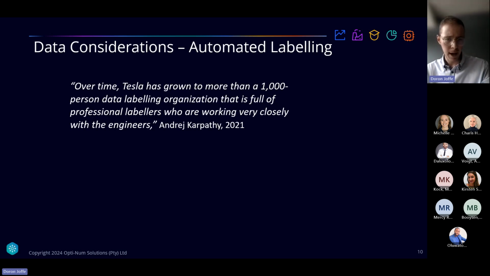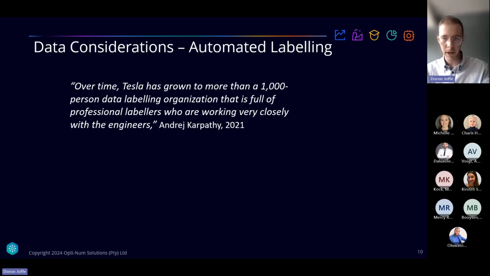When he was running the AI Tesla program, he had an interview and he said over time, Tesla has grown to a more than 1,000 person data labeling organization that is full of professional labelers. And there's a lot of mystery surrounding the AI Tesla program. But essentially, they get all this video footage being streamed back to their headquarters from their cars.